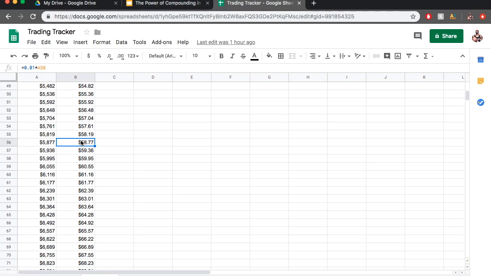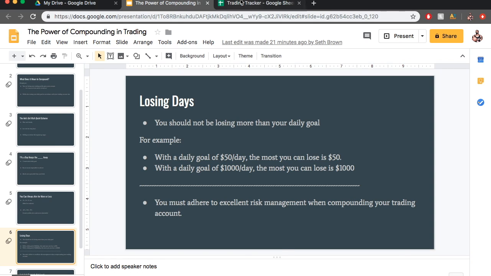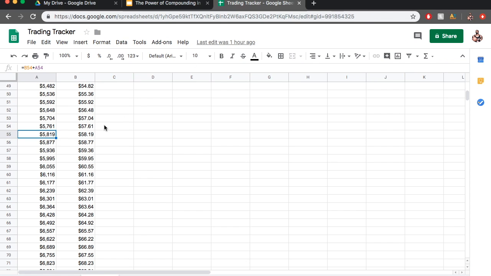And then let's say you take a loss here. Okay, you go back. You're right here. It's basically like if you know what you're doing in trading, these will all happen. If you're strict with your losses and your wins, if you stop trading once you hit your daily goal of $58.77, you stop trading, you're good.